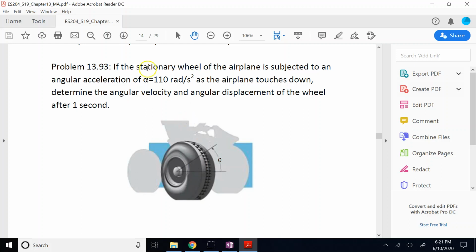So it says, the airplane has deployed the landing gear, and the wheel is stationary when you deploy it. But as it touches the runway, when it's trying to land, it gets this huge alpha of 110 radians per second squared.